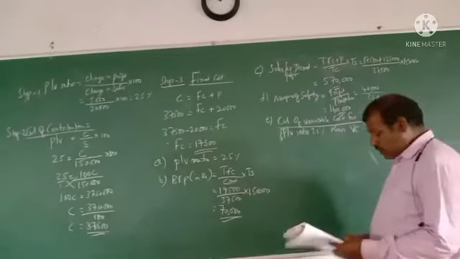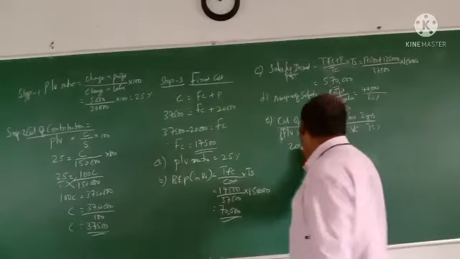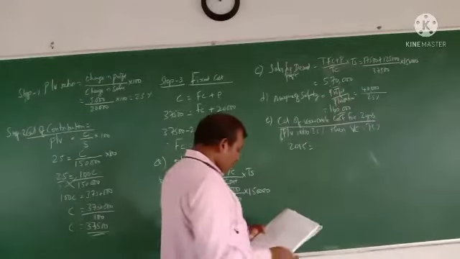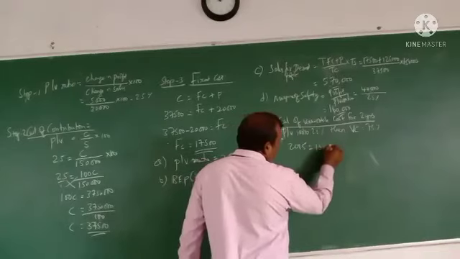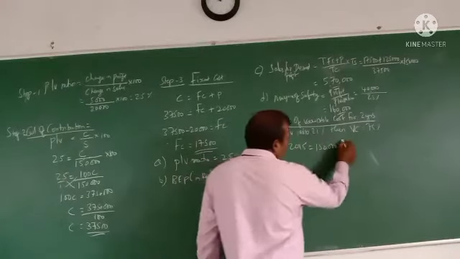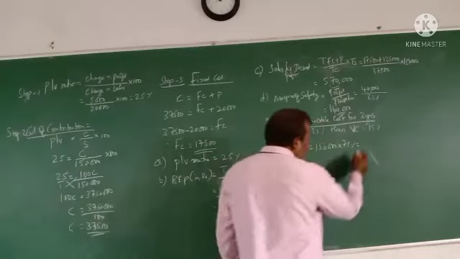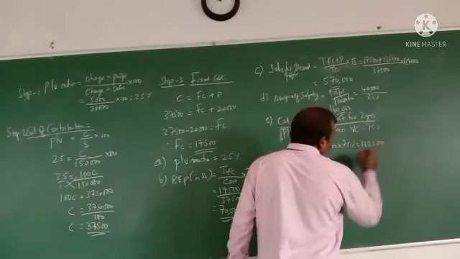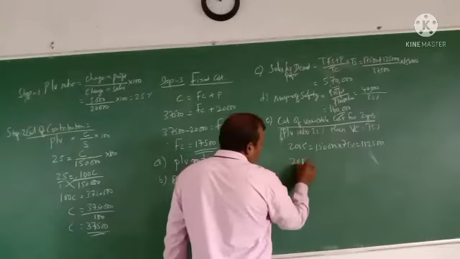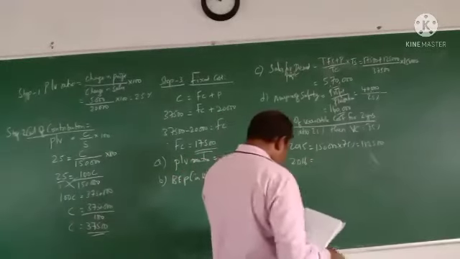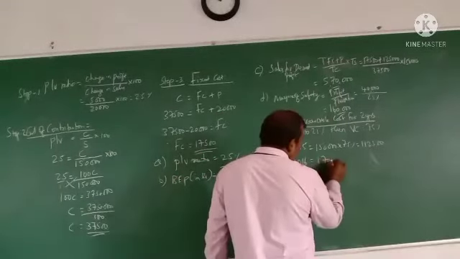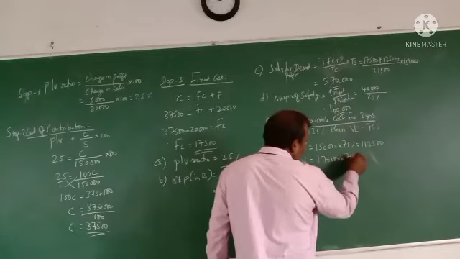Okay. Now for 2015, what are the sales? 1,50,000 into 75%. You get 1,12,500. For 2016, sales is 1,70,000 into 75%.